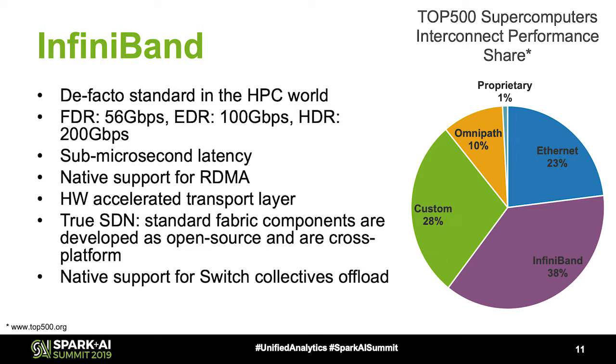It is true SDN in the sense that standard fabric components are open sourced and are developed by many companies that contribute to them. They're all cross-platform and can run on different devices, so it makes it very easy for customers to adjust those to their specific use cases. And it has native support for switch collective offloads, which we're going to discuss later.